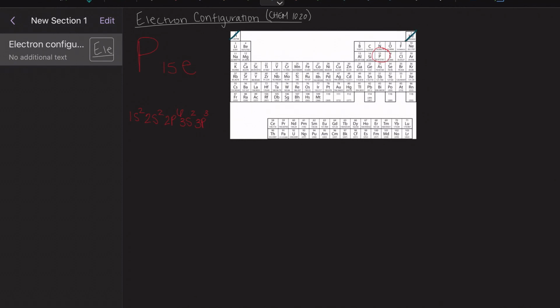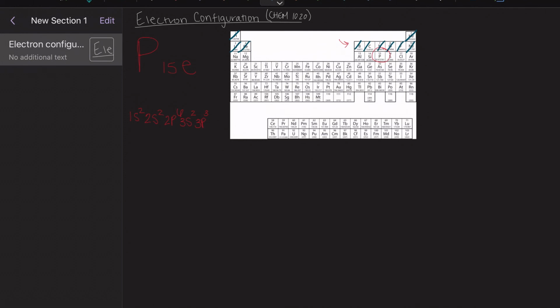So, we'll cross these 2 off, and we filled in 1s and got rid of 2 electrons. Then we'll fill in 2s and get rid of 2 electrons. And then we can come over here and fill in 2p, and we use all 6 of these electrons here.